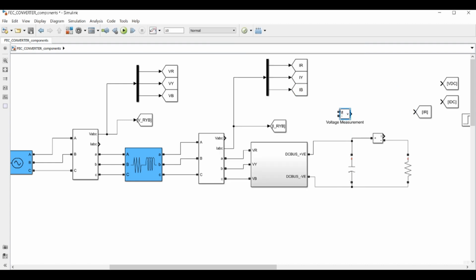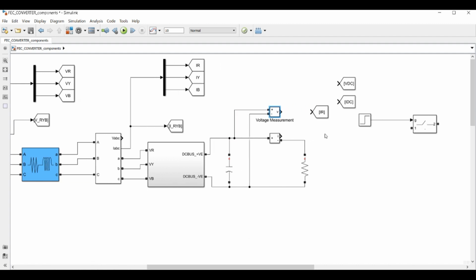Now for measuring the output voltage, that is the output capacitance voltage, we will place a voltage measurement block over here. So this one will be measuring our VDC voltage, and this one will be measuring our IDC current.